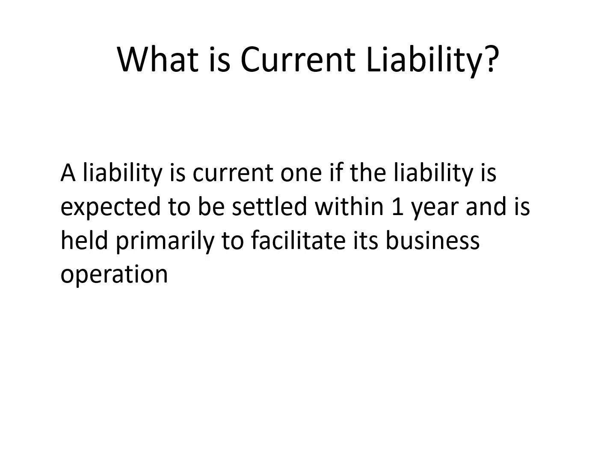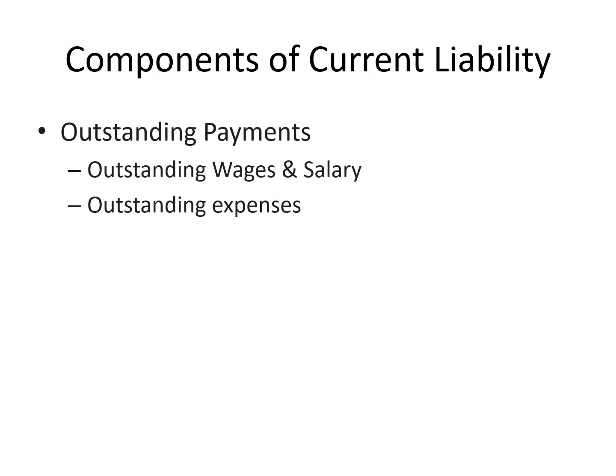What is current liability? A liability is current if it is expected to be settled within 1 year and is held primarily to facilitate its business. Now what are the components? Basically there are two components. One is outstanding payment, one is outstanding expenses. Outstanding wages and salaries are outstanding payments, and another is outstanding expenses.